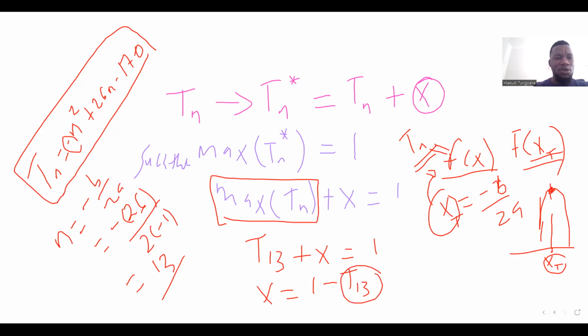We need to substitute into our Tn formula. So T13 is going to equal minus 13 squared, and then plus 26 times 13, okay.